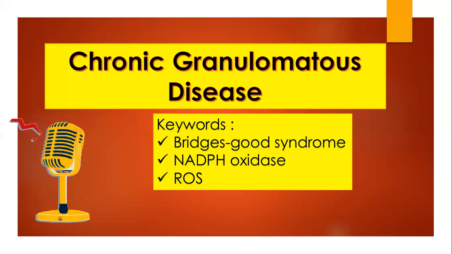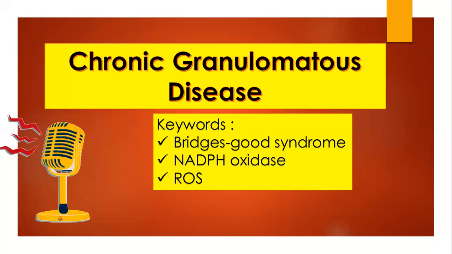And in a person with chronic granulomatous disease, the phagocytosis is impaired. These phagocytes can only engulf microorganisms. They can ingest the microorganism, but they cannot destroy them because of a genetic defect, and that is the NADPH oxidase. Again, when there is defective NADPH oxidase, they cannot form the ROS.